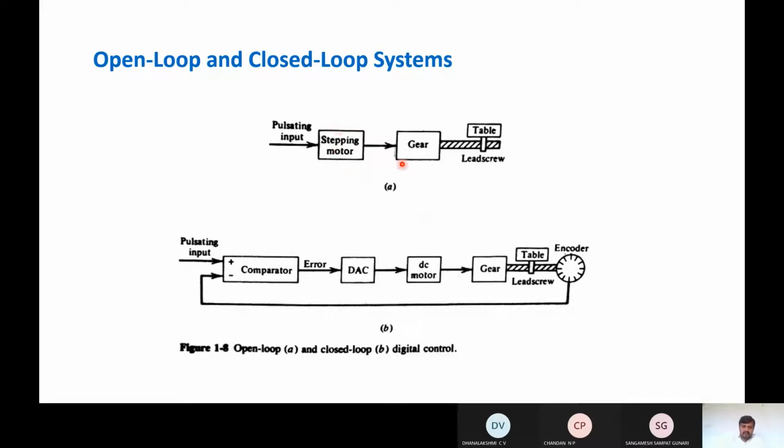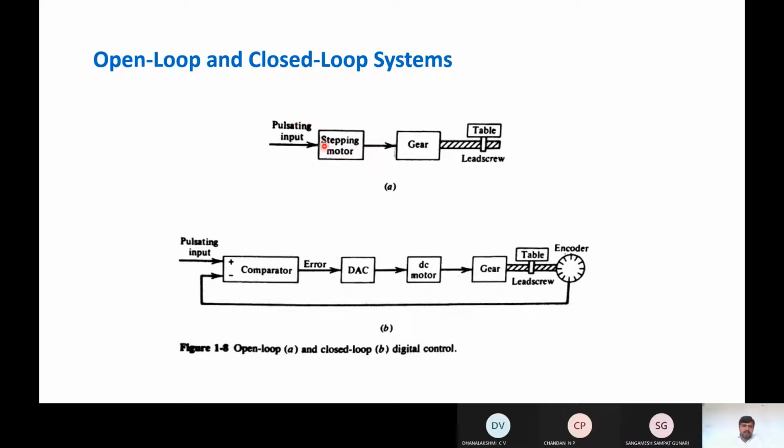So in the case of open loop, stepper motors are preferred because if you give one pulse input, you expect that it will result in a rotary movement of one step angle. Depending on the pitch, you will get the linear movement.